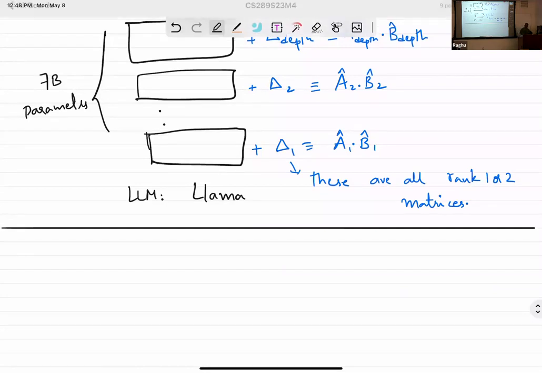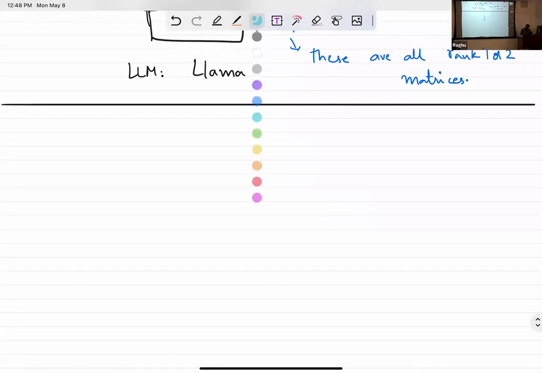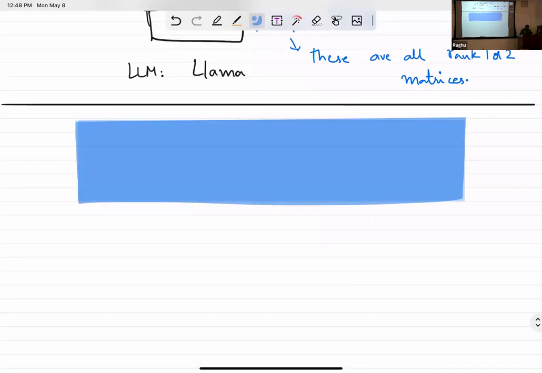And now we're going to switch gears and talk about a completely different topic, which is privacy and ML.